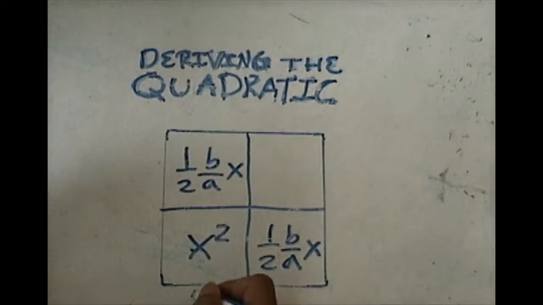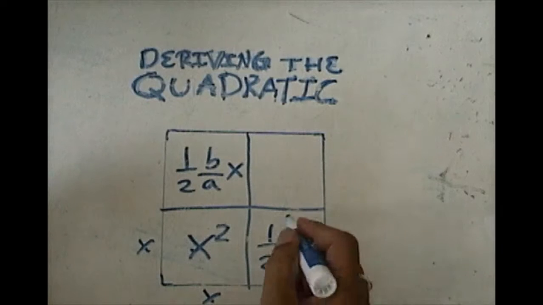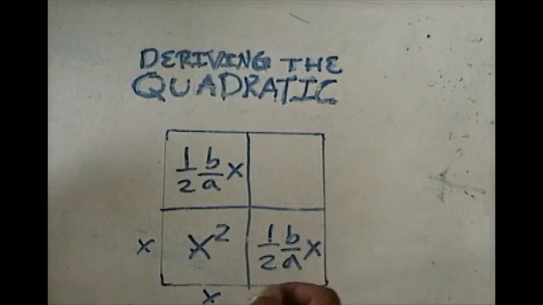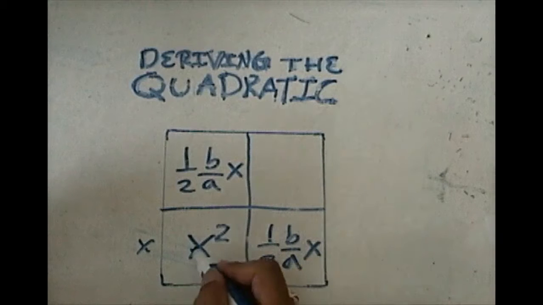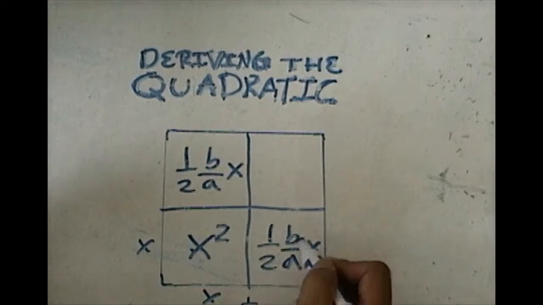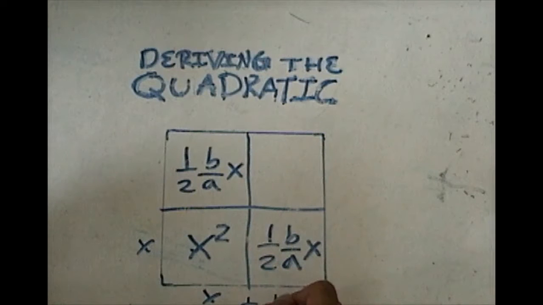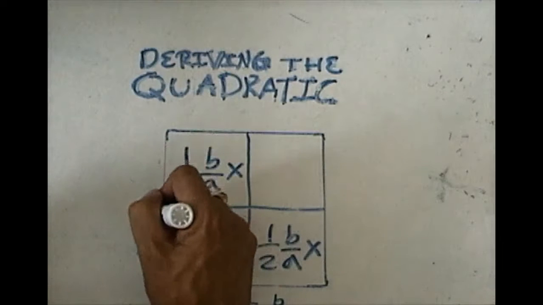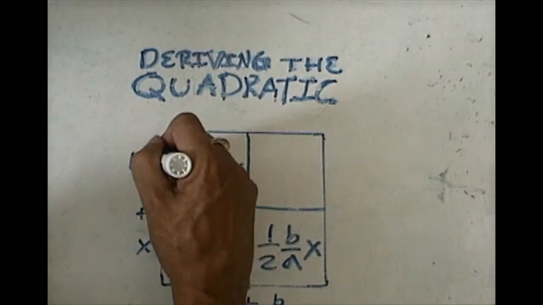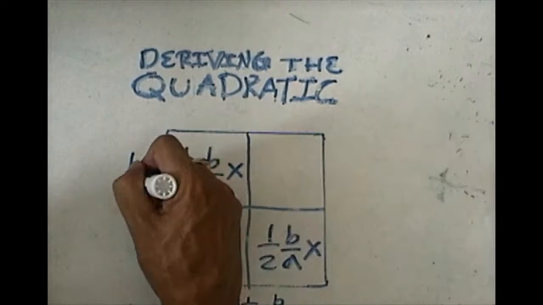So now can you see, this side's x, this side must be x, like I said a second ago. And over here, well, let's see, what is it? If I know that this side's x, then what's left? Well, the other side in my rectangle must be b over 2a. That's it. And this side is, of course, b over 2a.